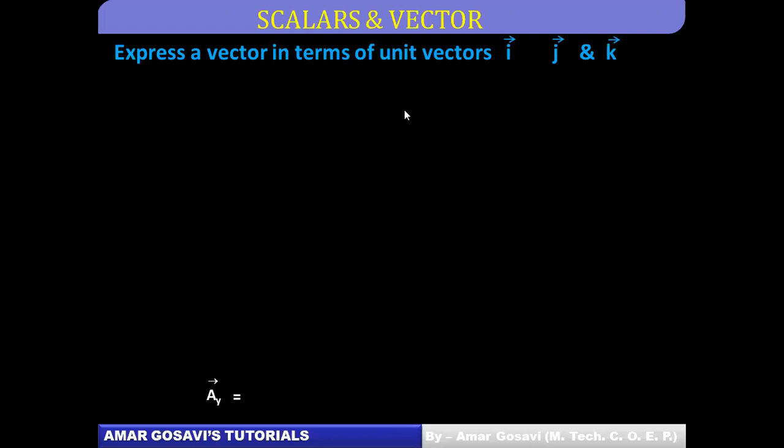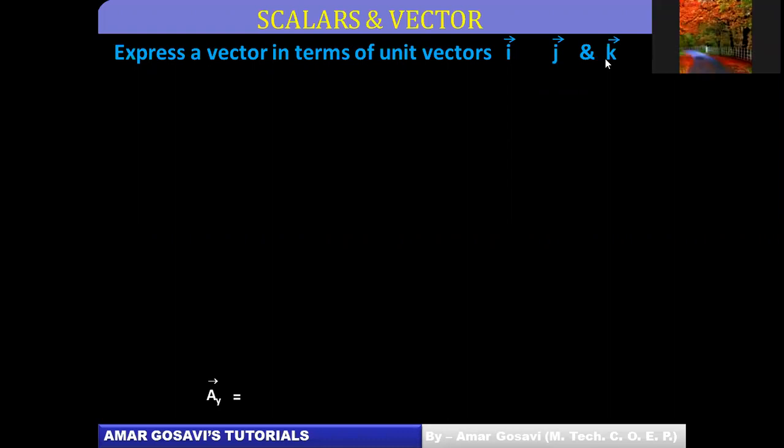All these vector quantities can be expressed in three dimensions in the form of unit vectors along x, y and z axis. So we all know the unit vector along x axis is denoted by i cap, unit vector along y axis is denoted by j cap, and unit vector along z axis would be denoted by k cap, friends.